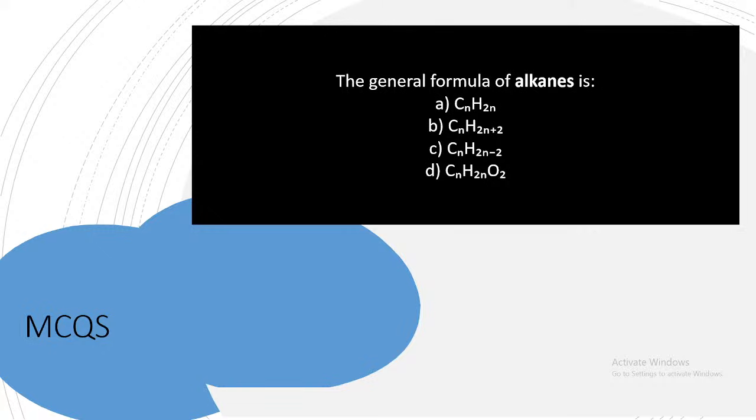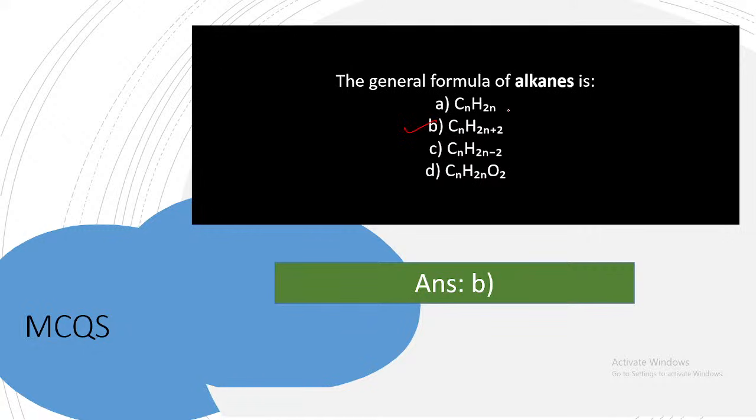Out of these four: CnH2n, CnH2n+2, CnH2n-2, or CnH2nO2? Okay, for alkanes it is CnH2n+2. CnH2n O2 cannot be an option, because for alkanes, alkenes or alkynes we don't have oxygen. So CnH2n is alkene.